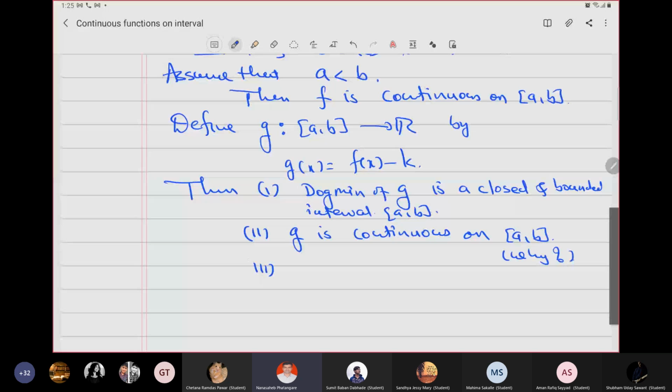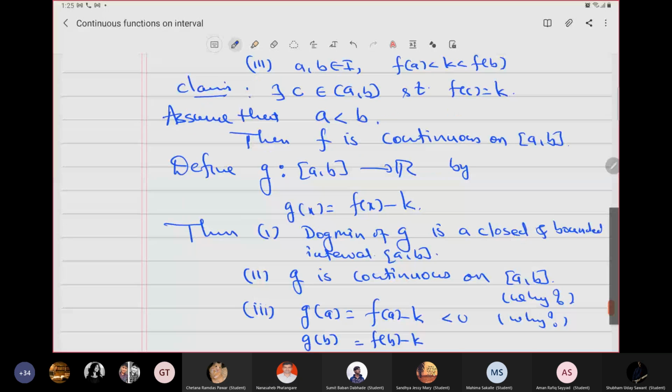So g of a is negative. What is g of b? f of b minus k. But f of b is greater than k by our assumption. We have chosen k between f of a and f of b. So this is positive. That is, g of a is less than 0, which is less than g of b. So therefore g satisfies the conditions of the location of root theorem.